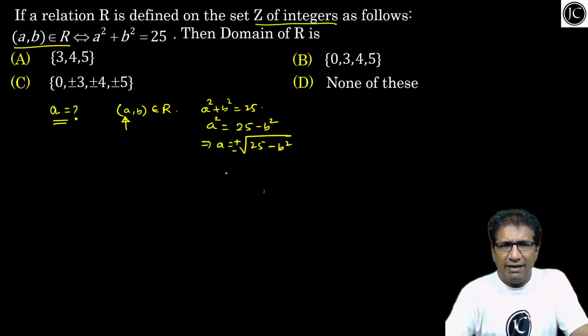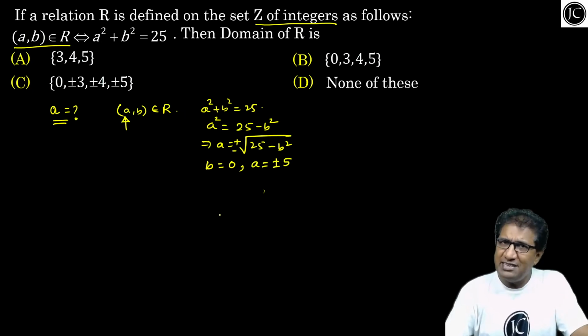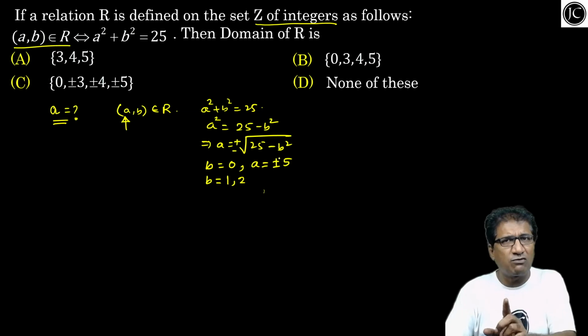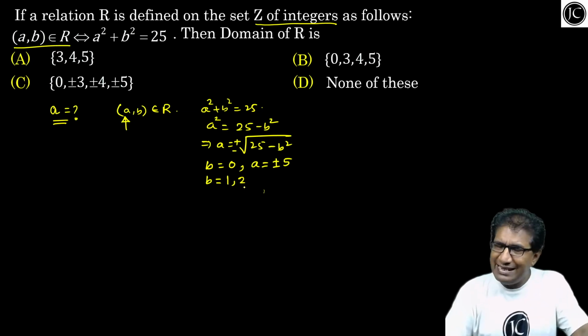Now you see, if I take B as 0, we are getting A as plus minus 5. Both are integers. Okay. Now if I take B as 1, you are not going to get any integers. If I take B as 2, again 25 minus 4 gives us 21. Root over 21 will not give you an integer. Therefore, B equals 2 I am neglecting.